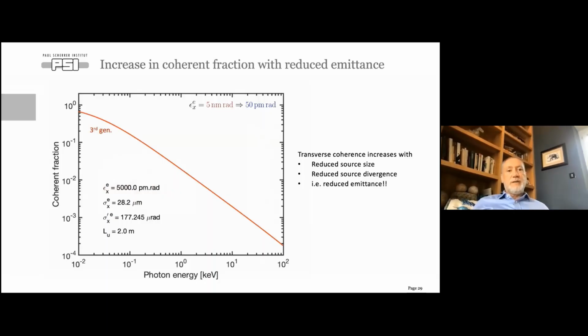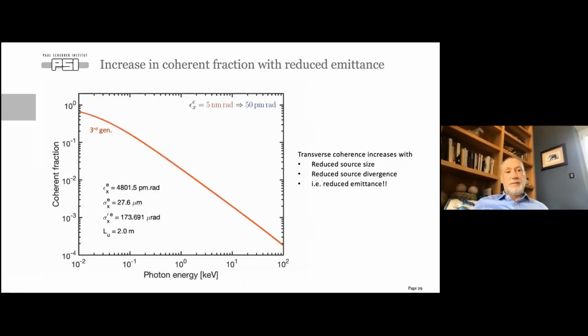And in fact, if we look at the increase in the coherent fraction between a third generation facility and a fourth generation facility, we see that this will increase enormously due to the reduced source size, in other words, our slit, and the reduced source divergence, in other words, the reduced emittance.